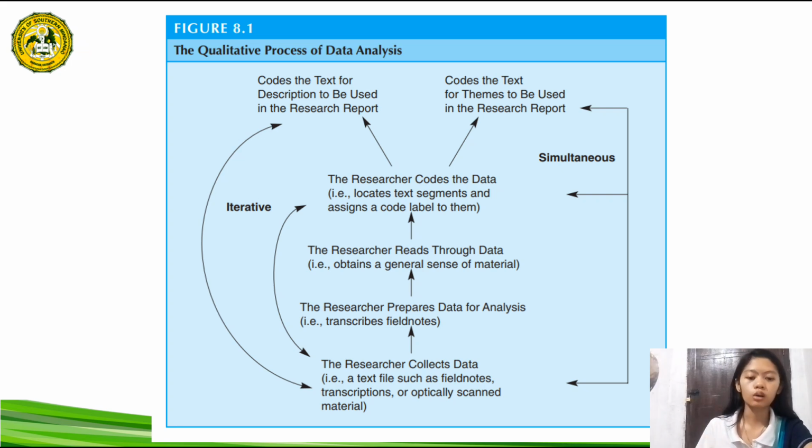Then the last one is that it is also interpretive, or qualitative research is interpretive research, in which you make a personal assessment as to the description that fits the situation and themes that capture the major categories of information.